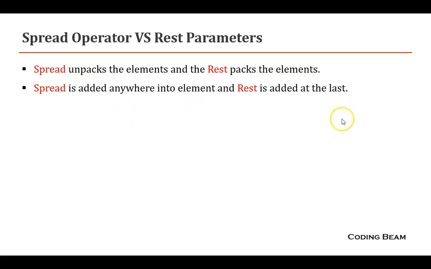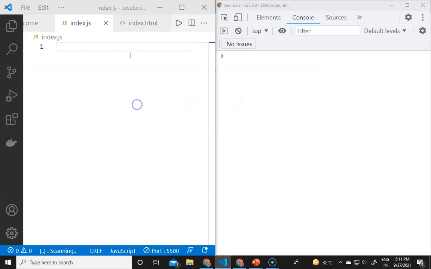Now we will see an example of the spread operator. Here we have an array, let cities equals Delhi, Mumbai, and Chennai.